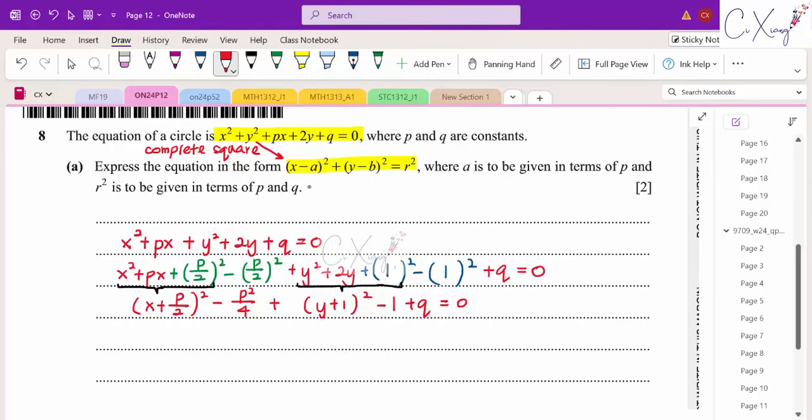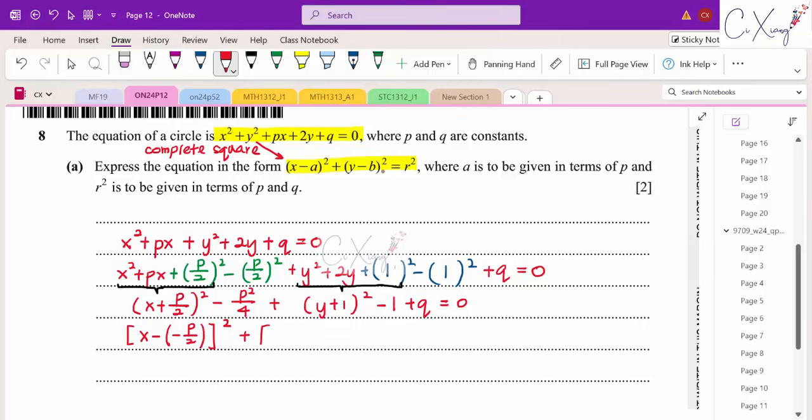Okay, yeah, so we are very close to the standard form already. And if you have a look at the standard form given in the question, they are asking for x minus a squared. Therefore, what I need to do is express my answer as x minus, where a is negative p over 2. So x minus a and then square. For the y also the same, they want to have y minus b squared.